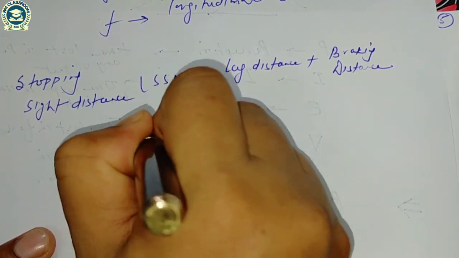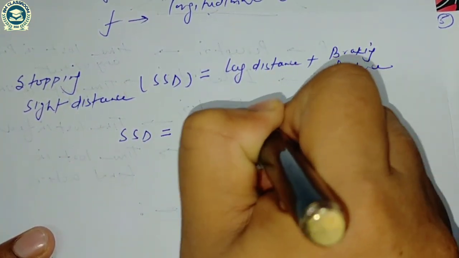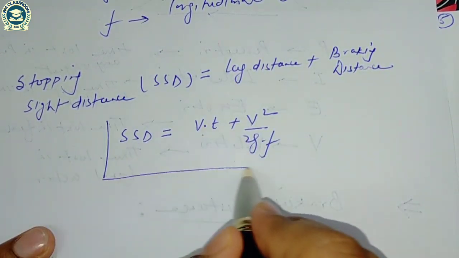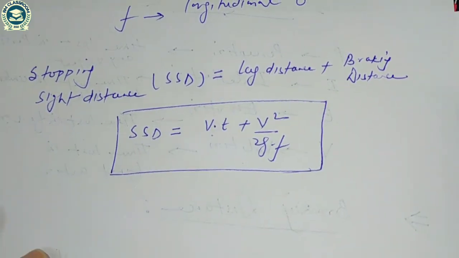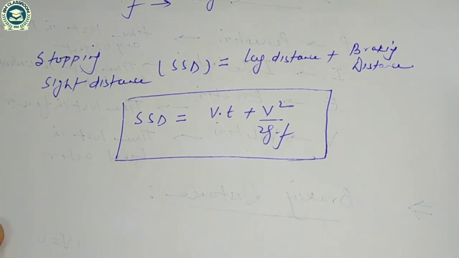So stopping sight distance is equal to V into t plus V square by 2g into F. So this is the expression of stopping sight distance.